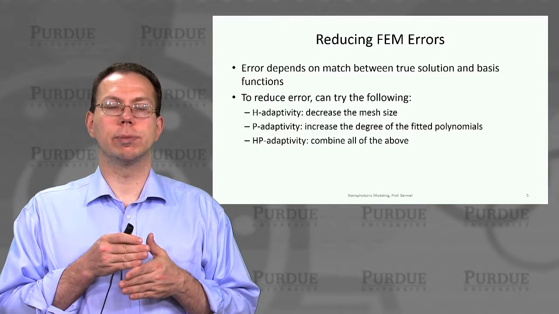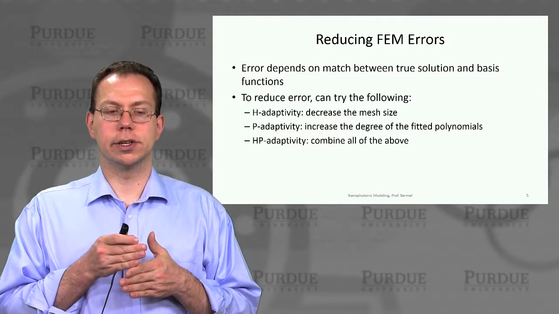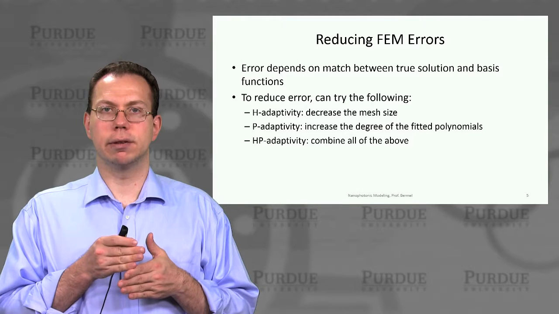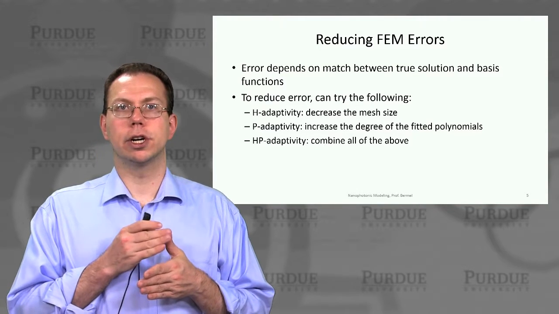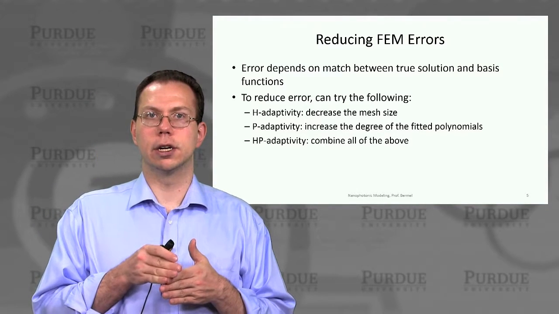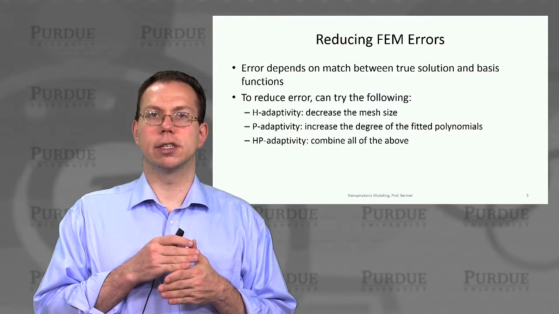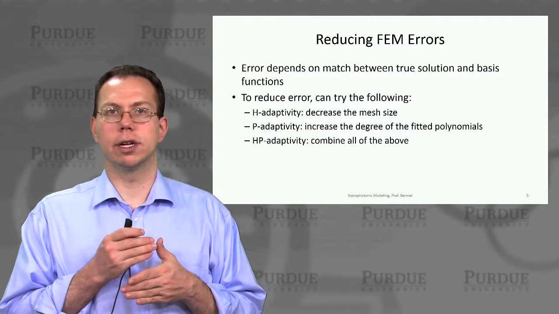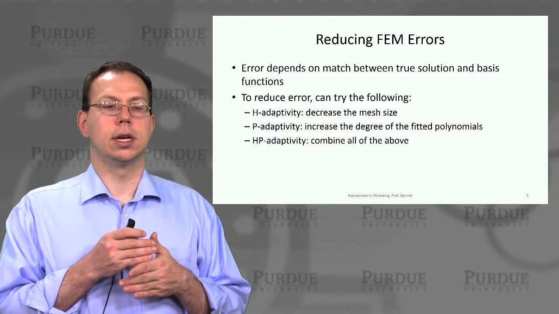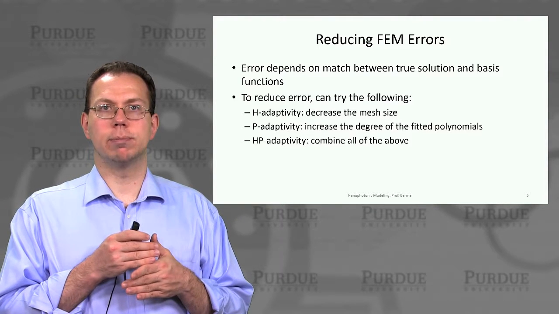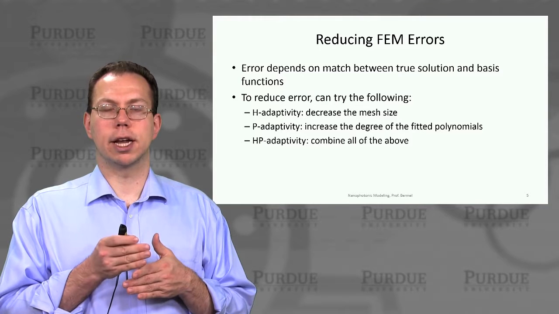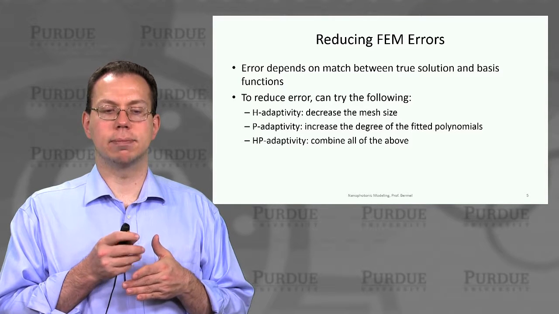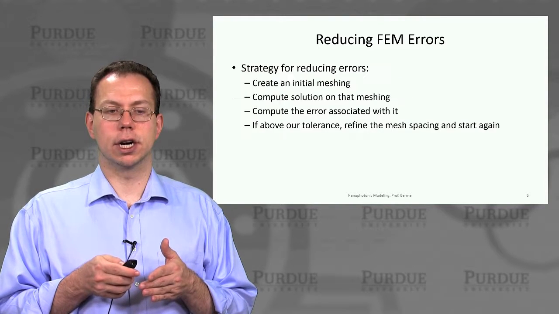There's also so-called p-adaptivity, which allows you to increase the degree of the fitted polynomials, often starting with linear basis functions. But if there's high curvature in certain regions, then you might want to go to quadratic or even quartic terms. You can combine both of these types of adaptivity into what's called HP adaptivity in order to get even lower errors.